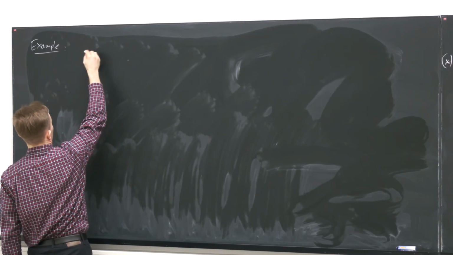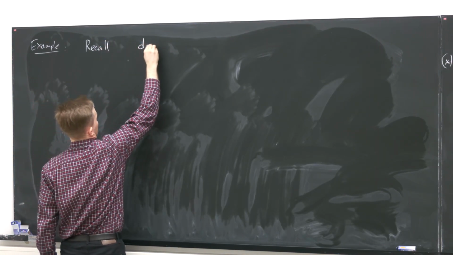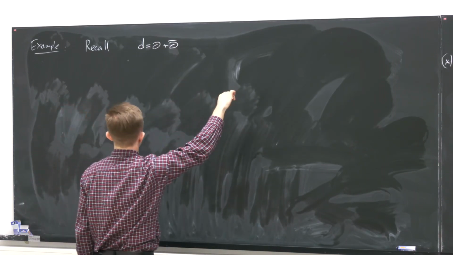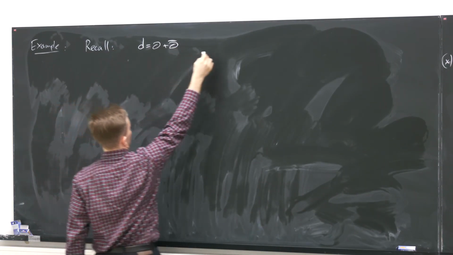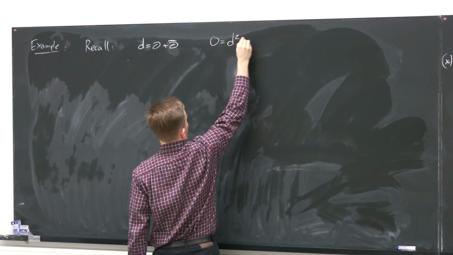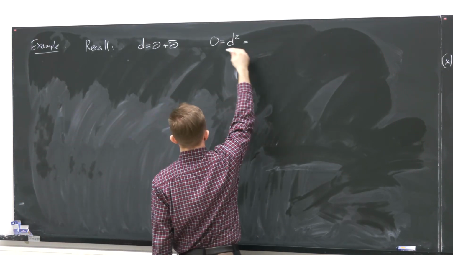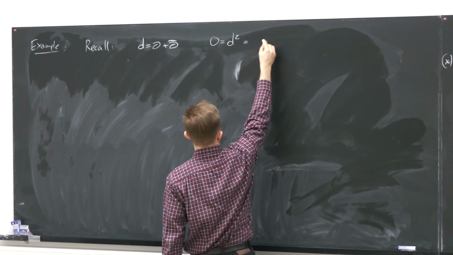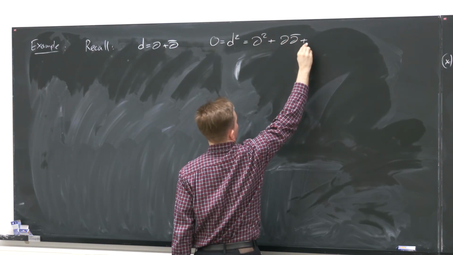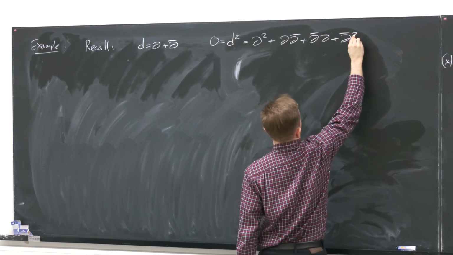So recall that we have decomposed the exterior differential into two parts, and we have the condition that d squared is 0. On the other hand, we can decompose this d squared also into components, so we'll have del squared plus del del bar plus del bar del plus del bar squared.